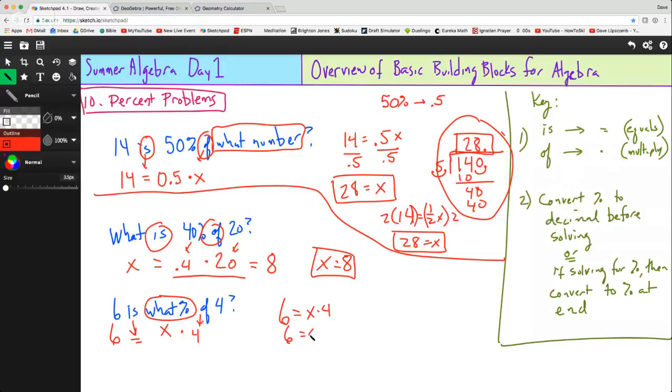So 6 equals 4x, divide by 4, equals 1.5. Well, it's not 1.5%. 1.5 is the number, right? And if we're solving for a percent, we need to convert to a percent at the end. So 1.5 is a percent. We have to move 2 to the right.